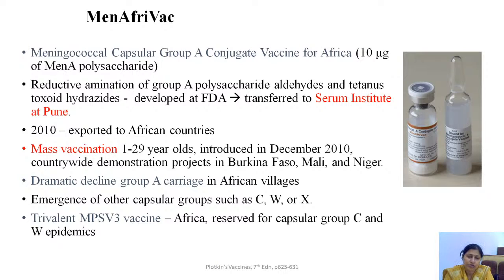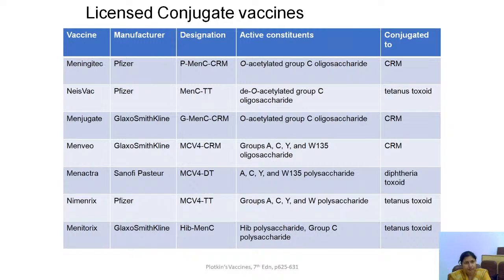This phenomenon is known as replacement disease. For example, here, though group A carriers have declined, gradually there is emergence of groups C, W and X, and so you have to again target these with vaccines.